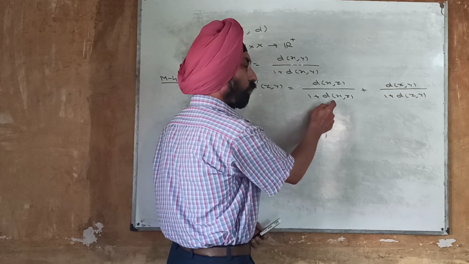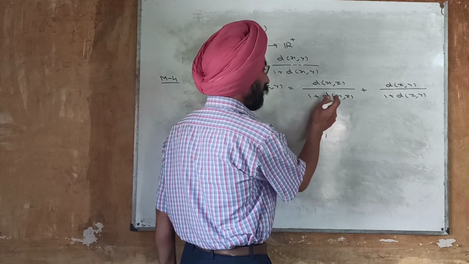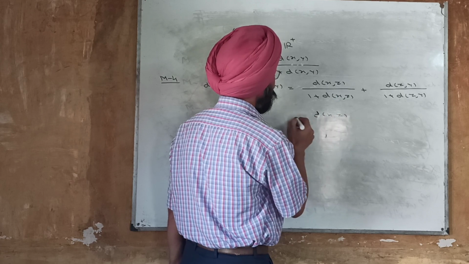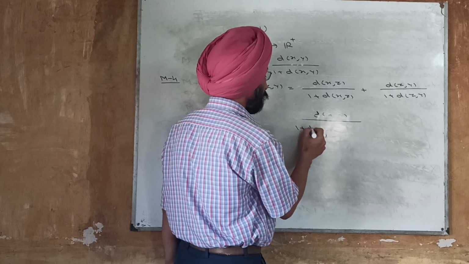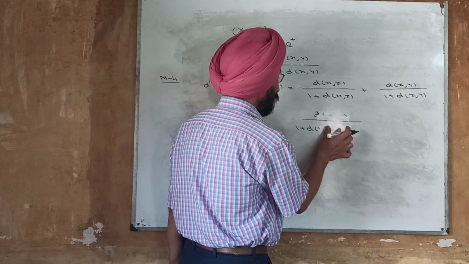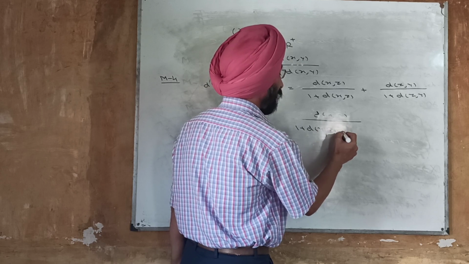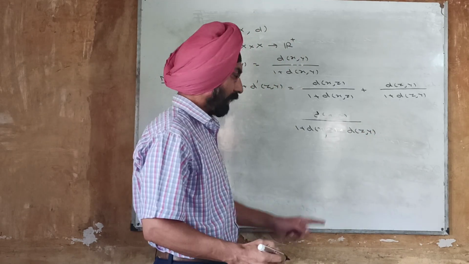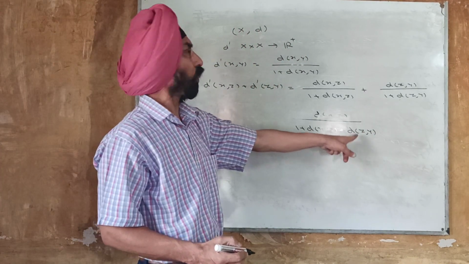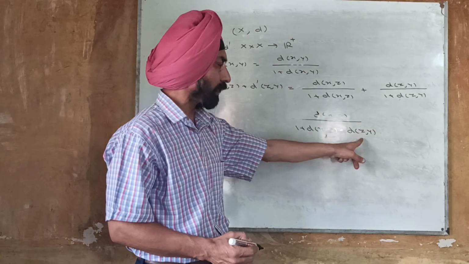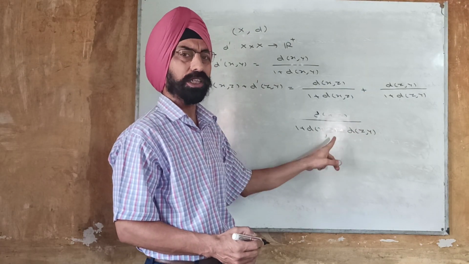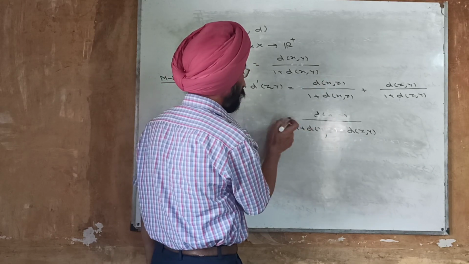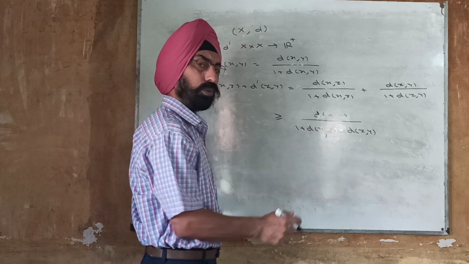So I am going to add to the denominator of this quantity, dxz divided by 1 plus dxz, which was with us, d of zy. And d of zy is positive because d is already a metric, so this quantity is positive. I have added some positive quantity to the denominator, so that quantity will be greater than or equal to this quantity now.